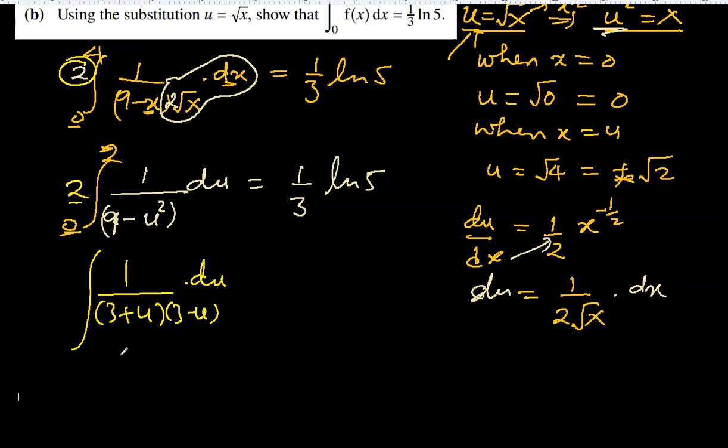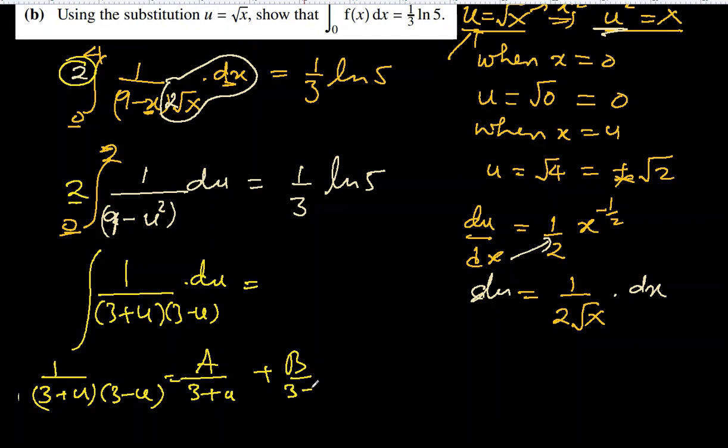And now I will use what? Partial fractions. So 1 over (3 plus u)(3 minus u) is equal to a over 3 plus u and b over 3 minus u.